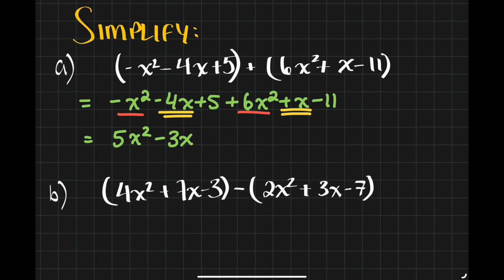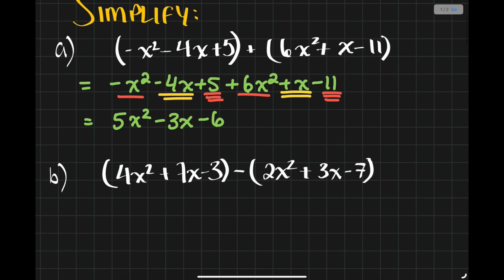And lastly, we have positive 5 being added to negative 11. And when you add those, you get negative 6. Pretty simple, right? Let's complicate it just a little bit.